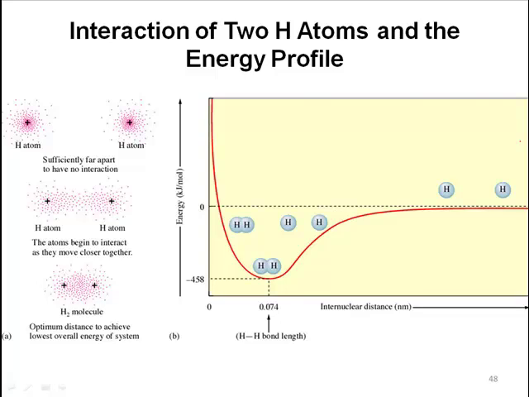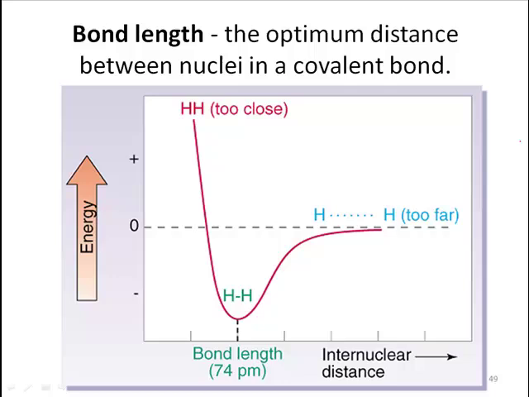And this is its most stable state of 0.074 nanometers. The energy here is too high for them to be close. The energy here is 0, they're too far away from each other. Here, this is a negative energy value, which is the most stable for this bond length.